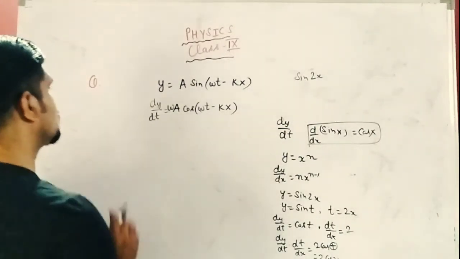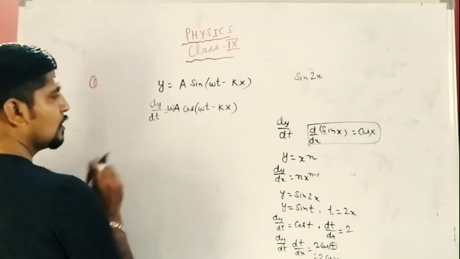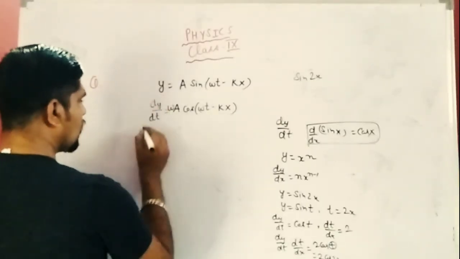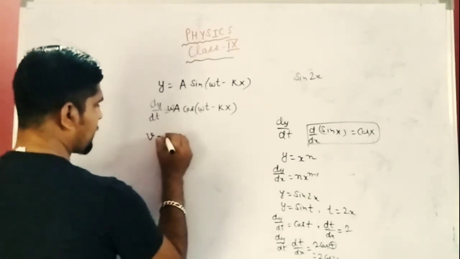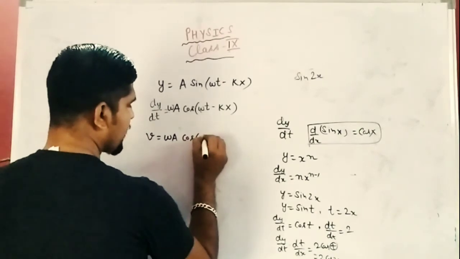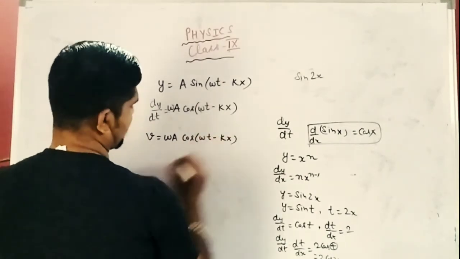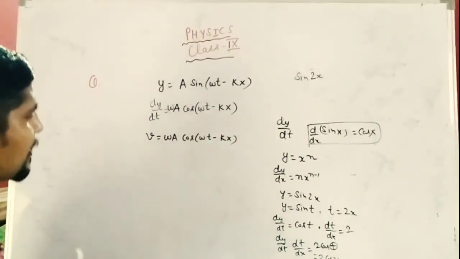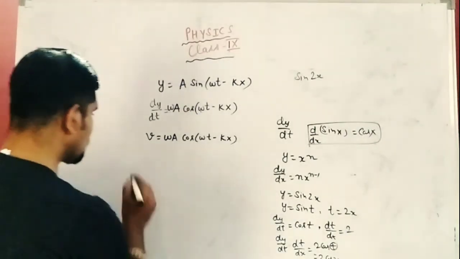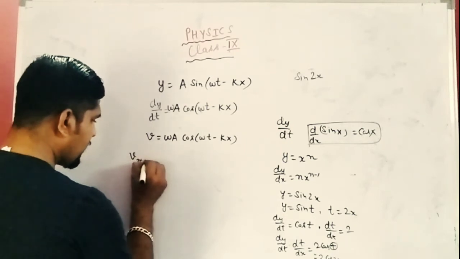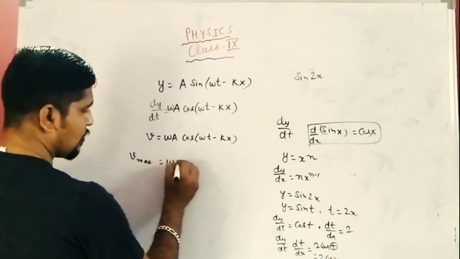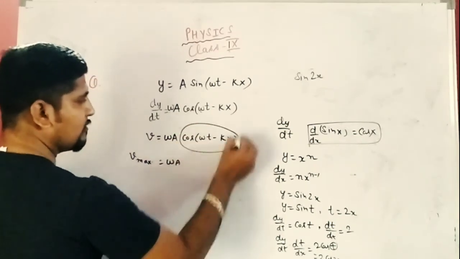So dy by dt is this. This is also known as the velocity of the particle: omega a cos of omega t minus kx. Suppose we have to find the maximum velocity. Maximum velocity will be when this whole cosine term will be equal to 1.